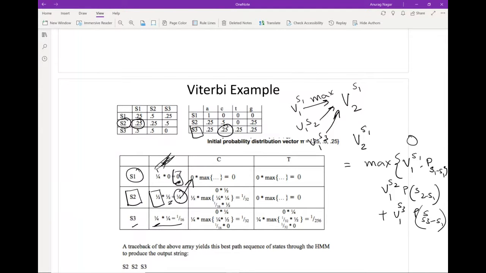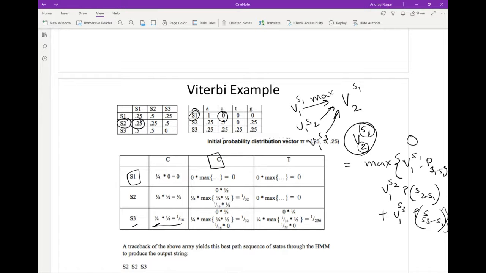Wait, before I do that, there is one more thing. This will be max. So V2 S1 is this, and it will be multiplied by something: state 2 at time 2, and state S1. Now it turns out that S1 with C is not possible because S1 and C is 0.